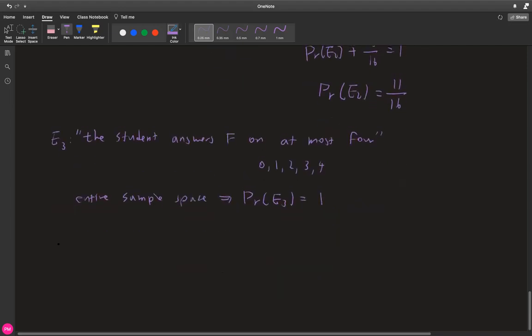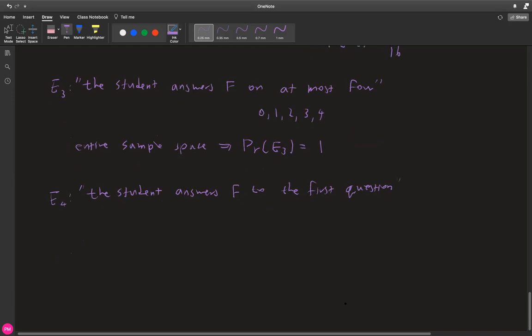Now let's look at one last example, E4. Let's say the student answers F to the first question. This is actually a very similar problem to the coin toss problem that we saw earlier.